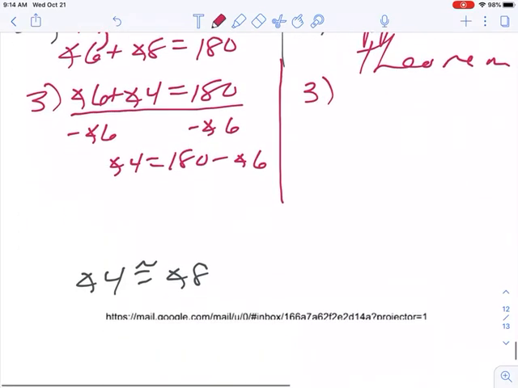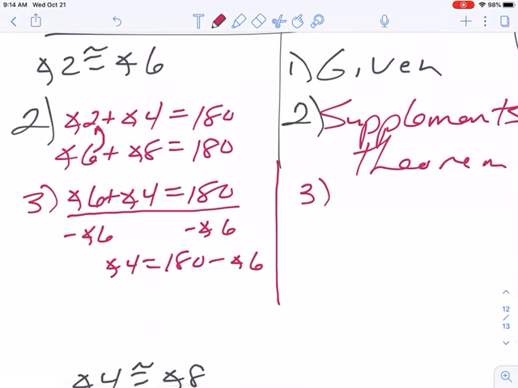And we're trying to get 4 and 8 to be the same. Angle 8, if I take this line here, angle 8 equals 180 minus angle 6.